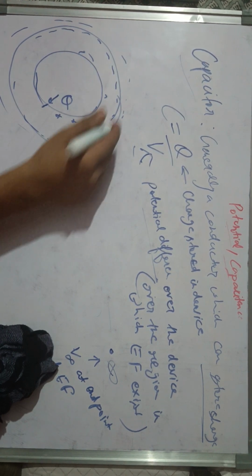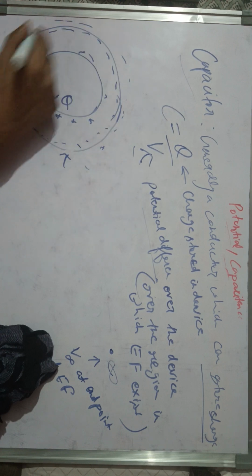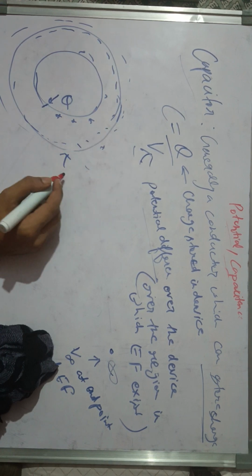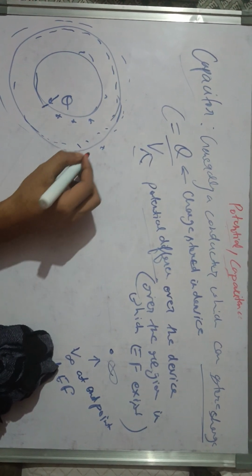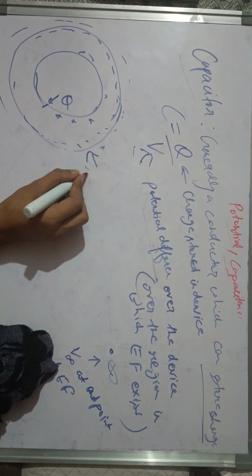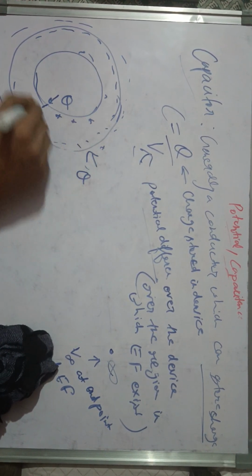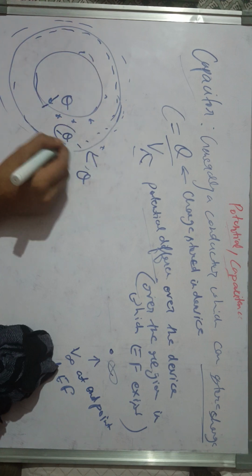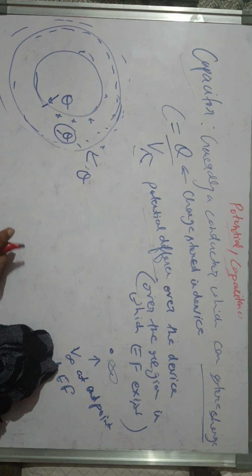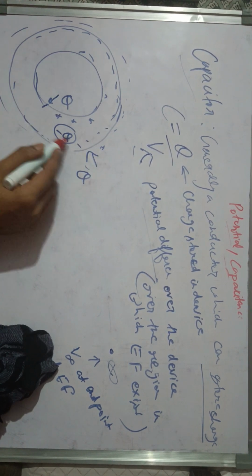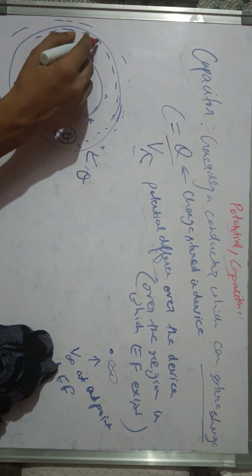The total charge on this body, the sum of this negative and positive charge, is equal to 0, and the charge produced outside is equal to q, and the charge produced inside is equal to minus q. We will talk about why this happens later, but first assume that there is some minus q charge on the inner surface of this shell.